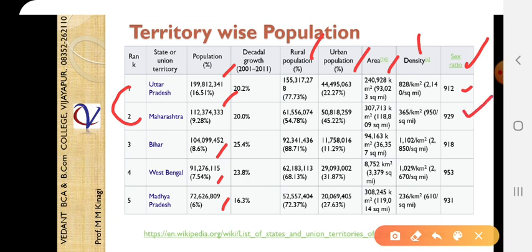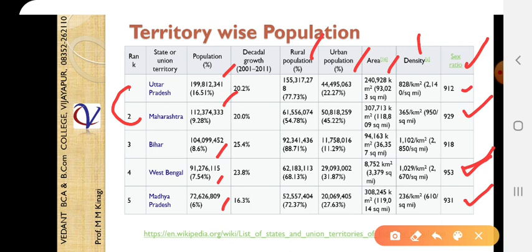Madhya Pradesh is 931. If you compare all 5 states, West Bengal is better, because 953 females are there for 1,000 men, a hardly 47 deficit.